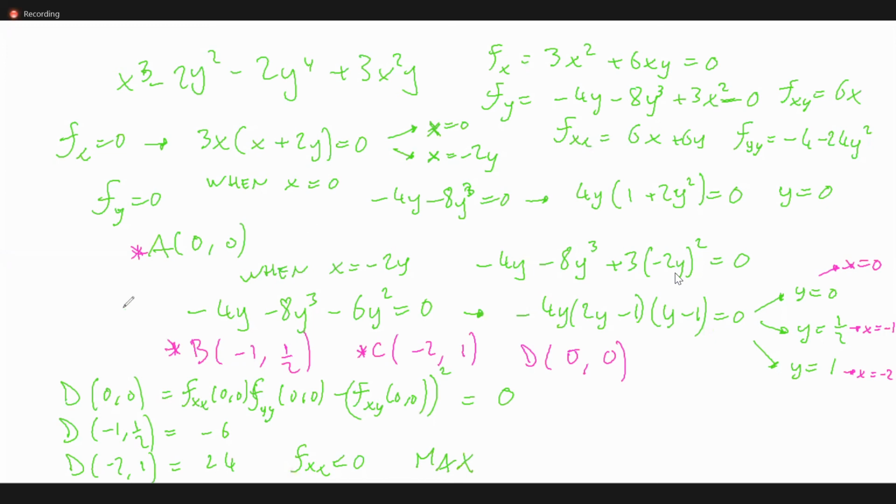The point -1, 1/2 is a saddle. And the point 0, 0, we do not know what it is since the discriminant is equal to 0, so undetermined. Sorry, this was 12.